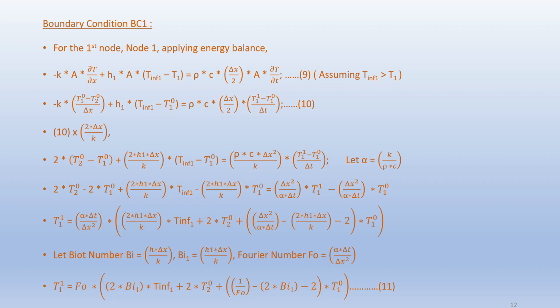Here, as we mentioned before, F4 is the Fourier number, Bi1 is the Biot number close to node 1, T infinity 1 is the ambient temperature close to node 1, and T1^0, for example, is the initial temperature at node 1.